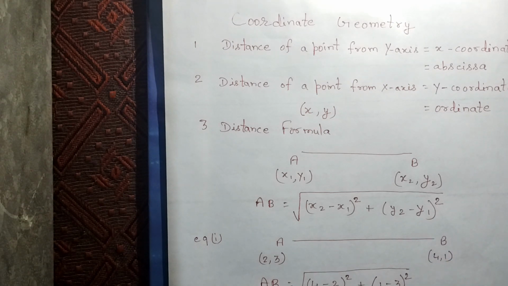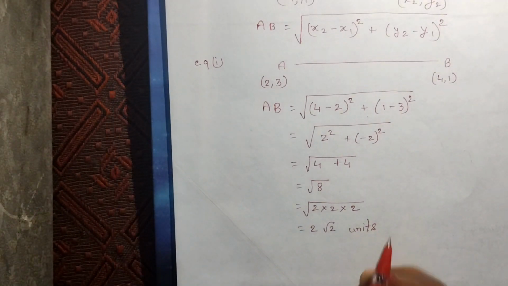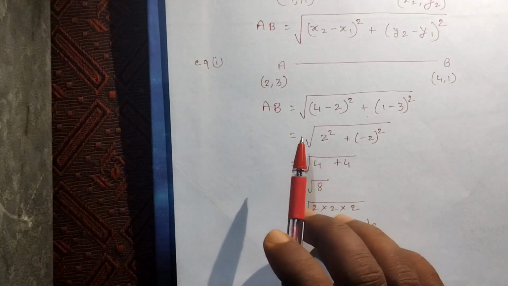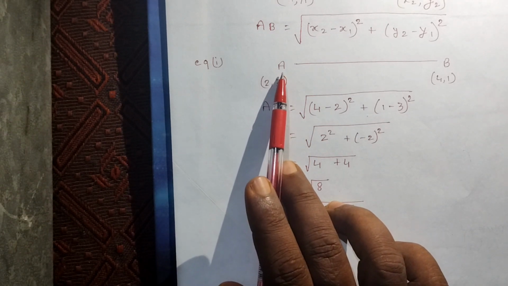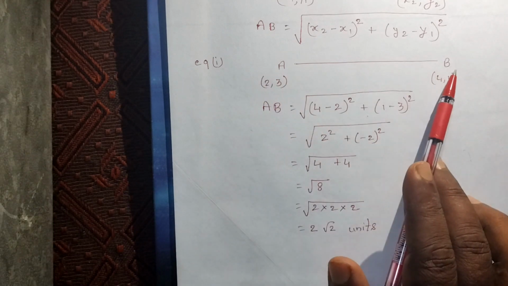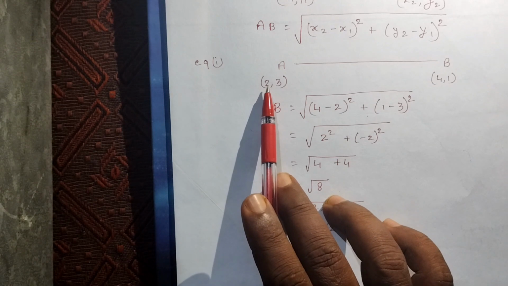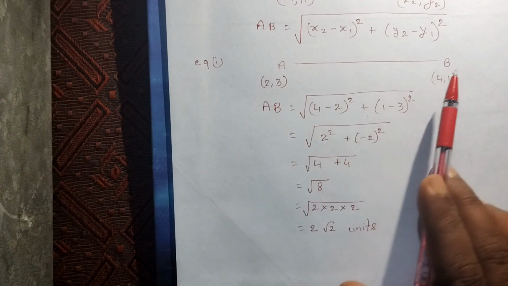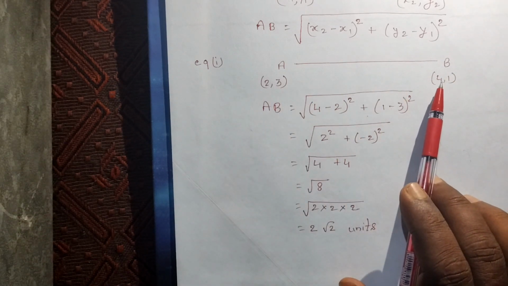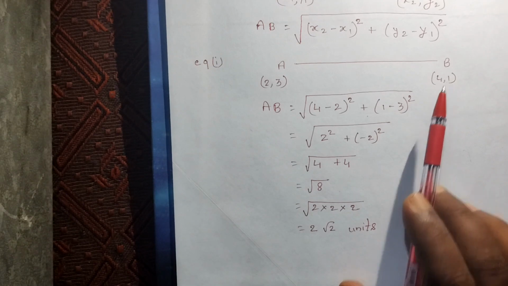Now we have to find the distance between A and B. Here, as students, you see point A is towards the left side and point B is towards the right side. We will take 2 as x1 and 3 as y1. On the other hand, 4 you have to take as x2 and 1 is your y2.